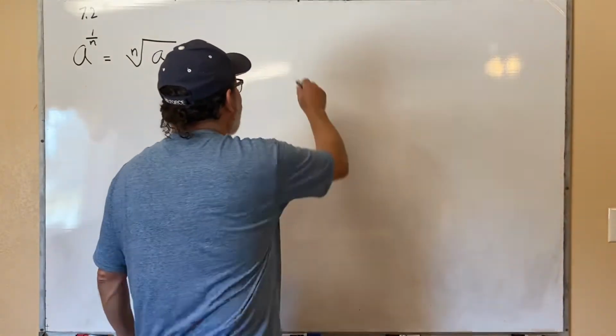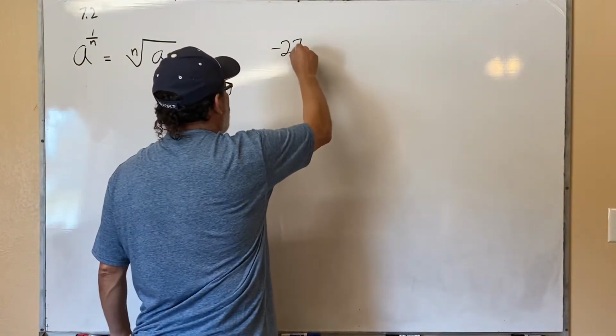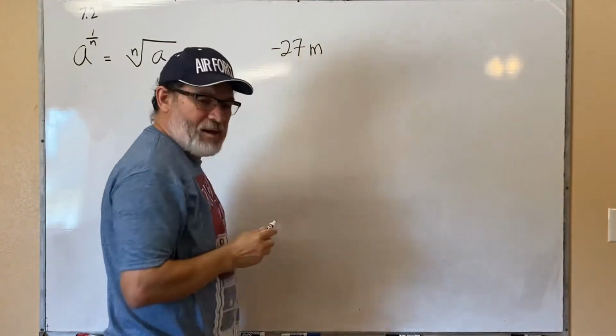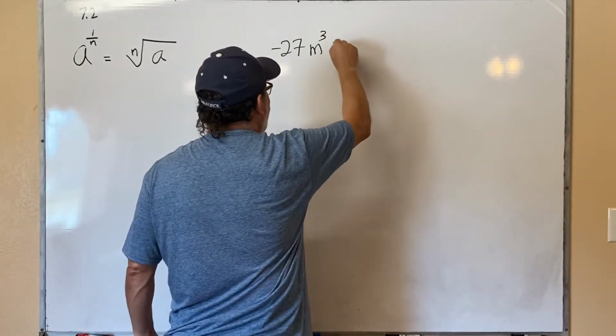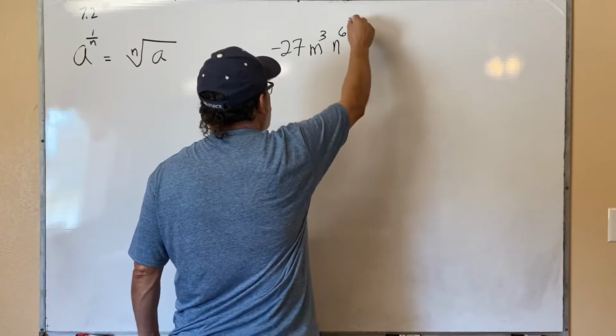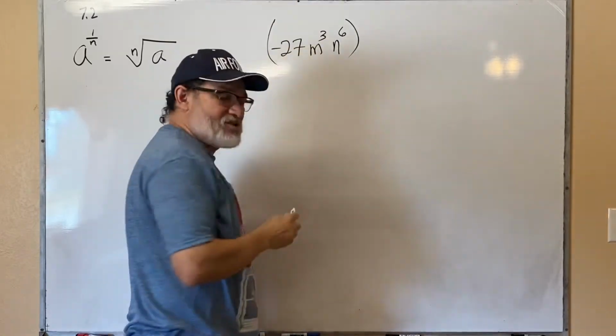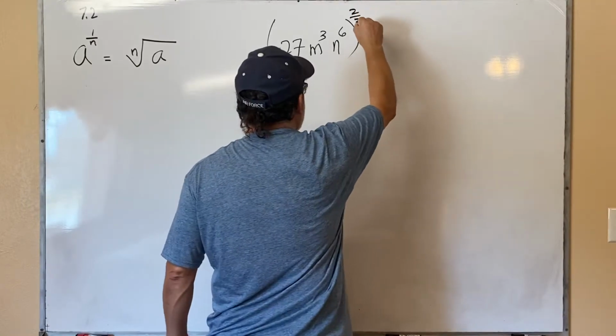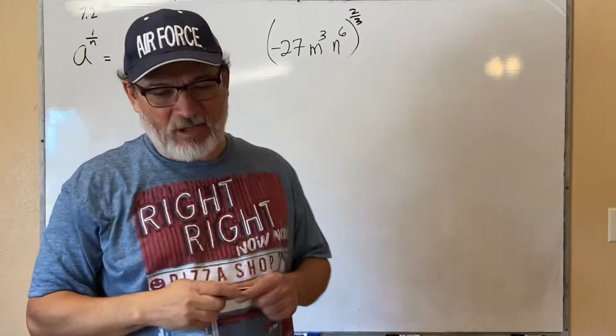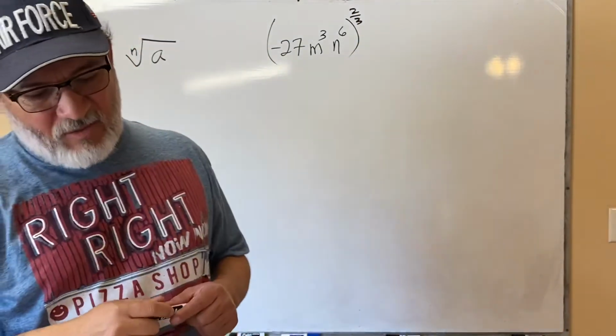This is negative 27 m to the third n to the sixth, and this is raised to the 2/3. Okay? And here's another one.